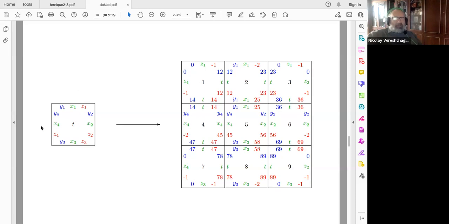So on the left, Z1 and Z4 are defined uniquely from T, and hence on the right, for the child number 1, Z1 and Z4, the other two green indices are defined uniquely from T, from the other two indices.